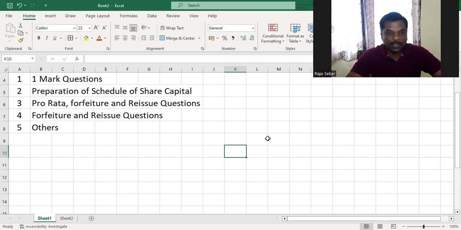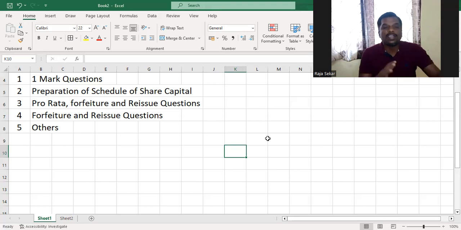Then you have a 6-mark question, which is an internal choice between a big pro rata forfeiture and reissue question, or a question which only requires you to do forfeiture and reissue. That one is actually divided into 2 questions of 3 marks each, totalling a big 6-mark question.